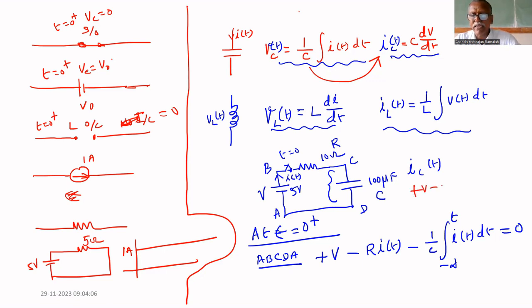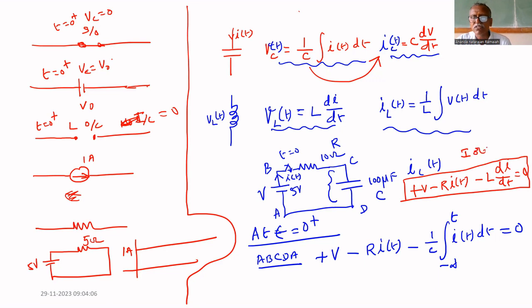Plus V minus R I of t minus L di by dt equal to 0. What is the order of the differential equation? Instead of capacitor, if inductor is there, we wrote this. What is the order of this differential equation? First order. First order differential equation.